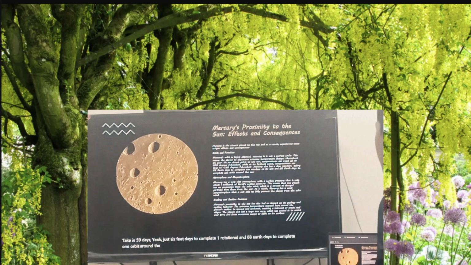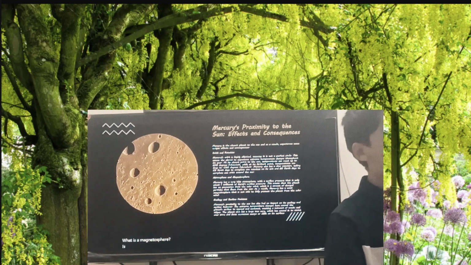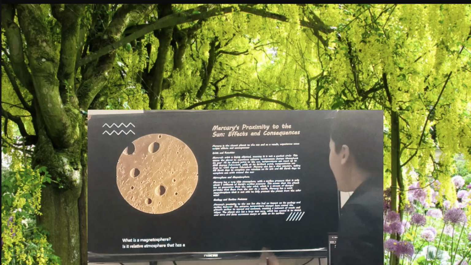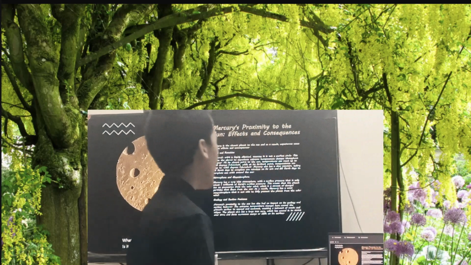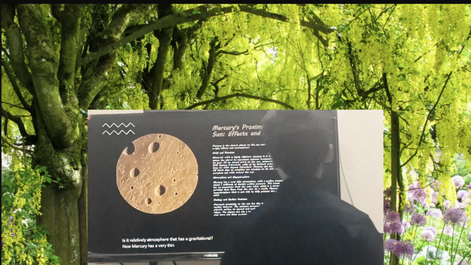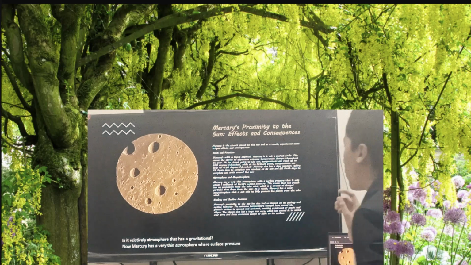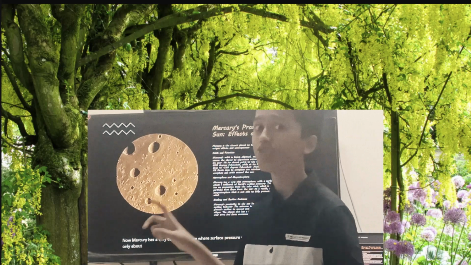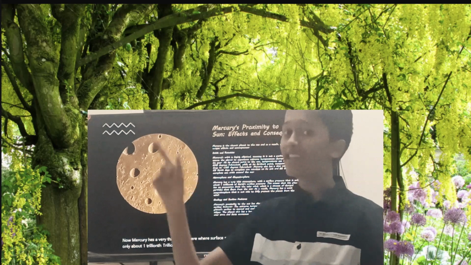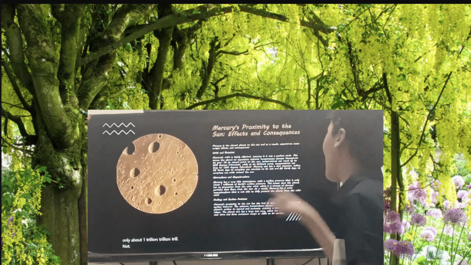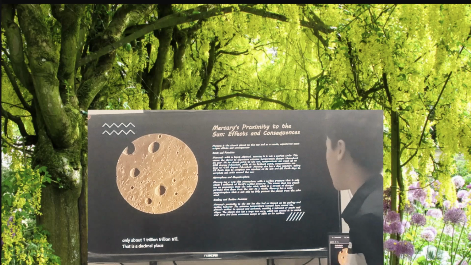Now we have the atmosphere and magnetosphere. What is a magnetosphere? Is it related to the atmosphere? It has a gravitational pull? Probably. Now, Mercury has a very thin atmosphere with a surface pressure that is only about 1 trillionth of Earth's surface pressure.